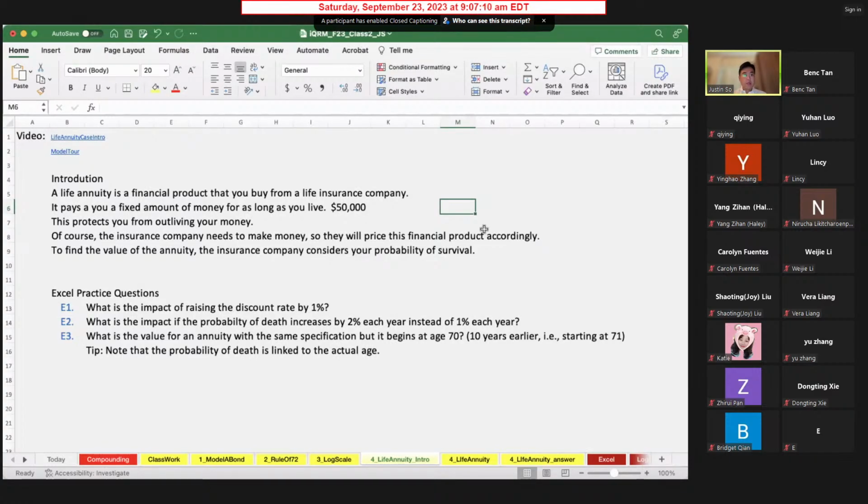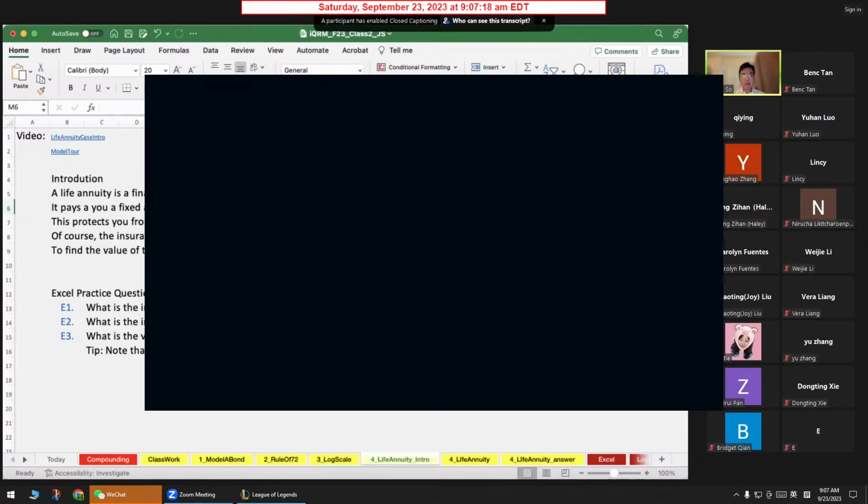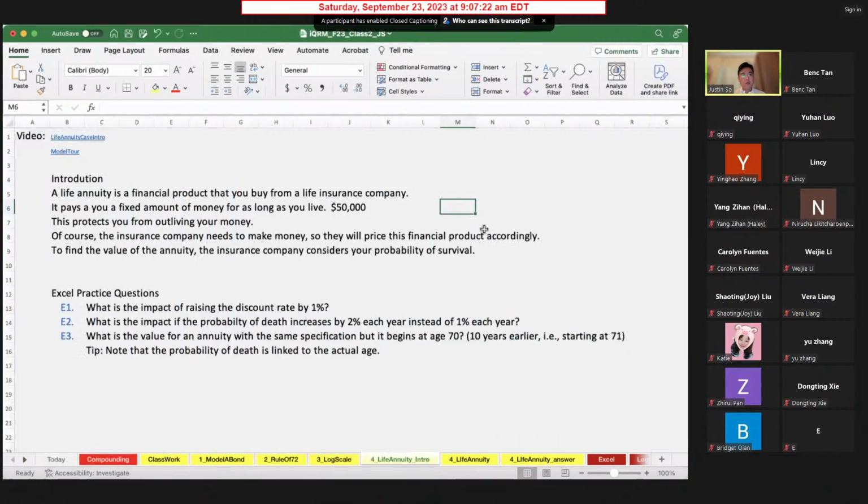And this protects you from outliving your money. This is hypothetical, but there are life annuity products like this. Of course, the insurance company needs to make money, so they will price this financial product accordingly. To find the value of the annuity, the insurance company considers your probability of survival.